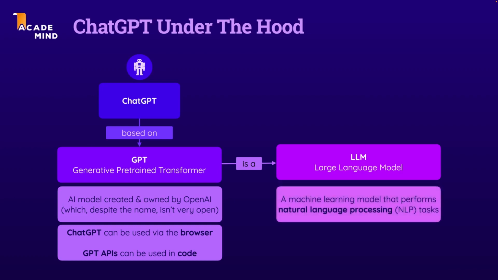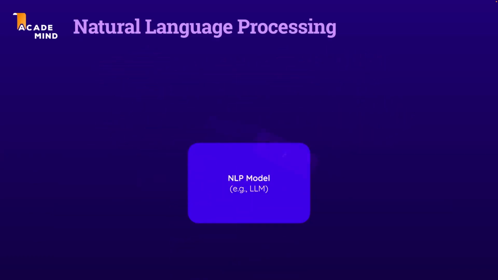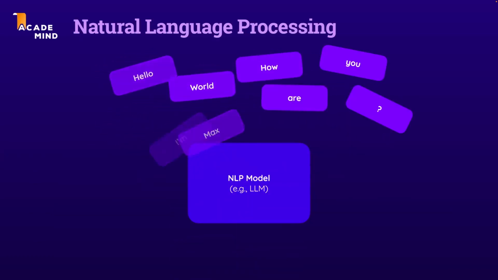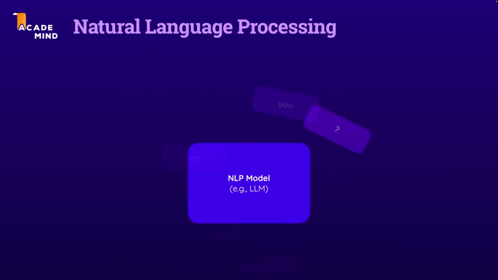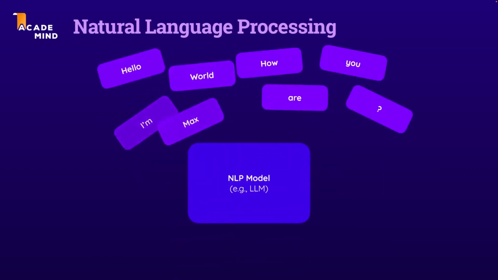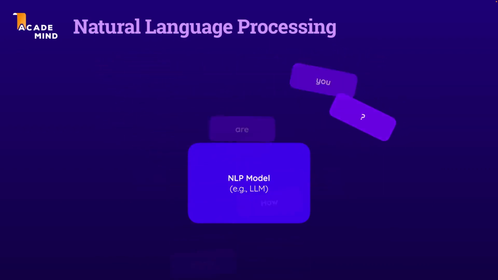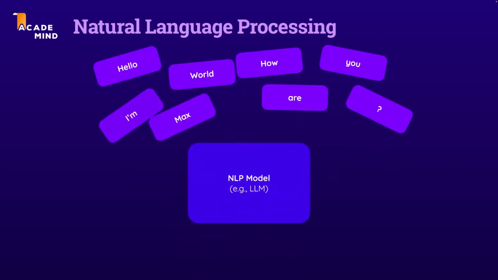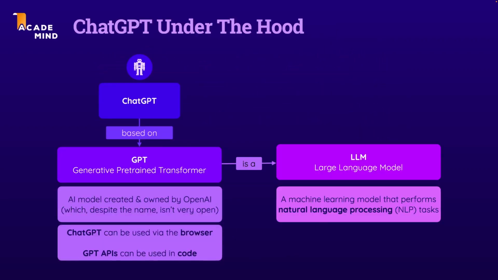Now, large language models are in the end machine learning models that perform natural language processing tasks. So in the end, machine learning models that are built and optimized to understand and process text that's understood by humans, that's readable by humans, and models that can then do things with that text.